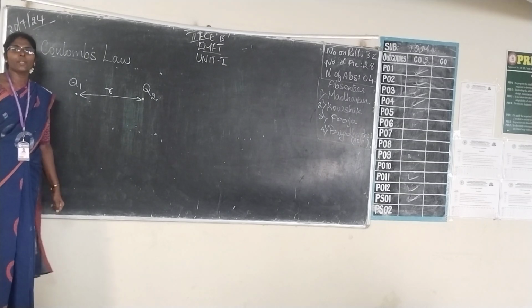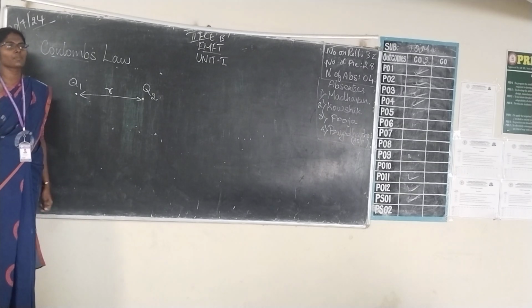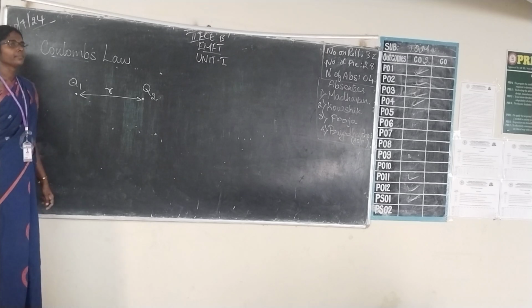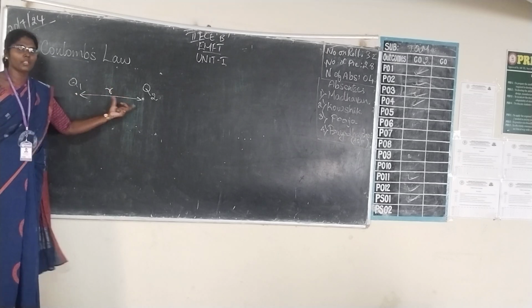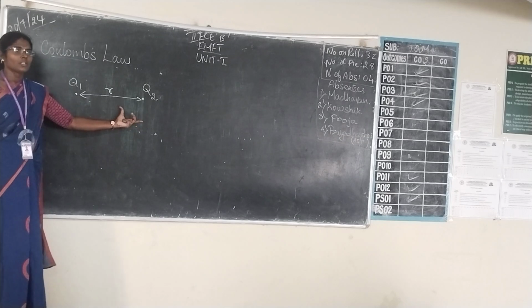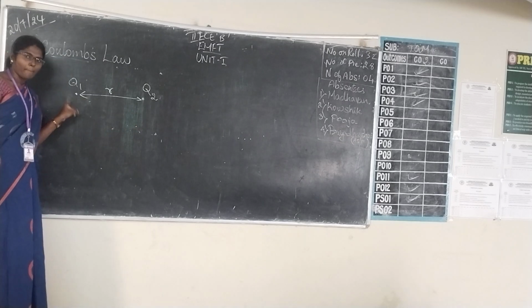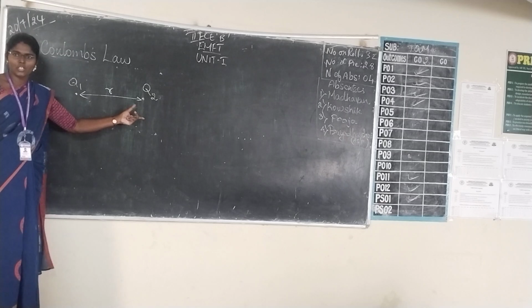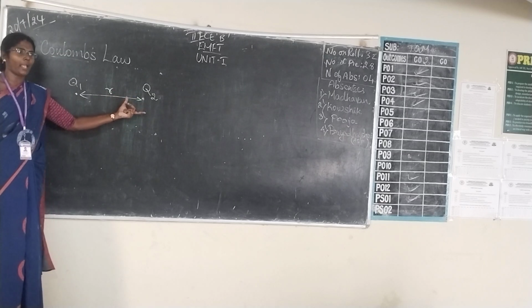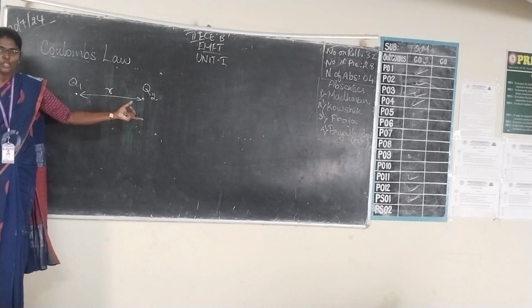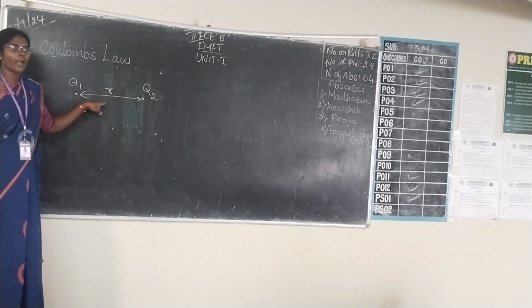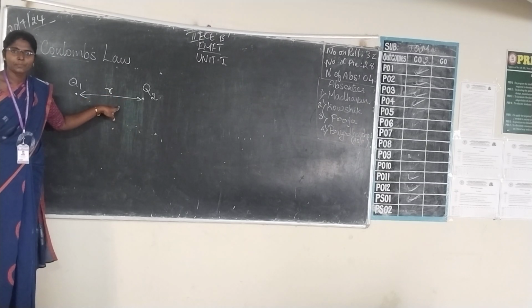Are you able to get my point? I am saying that the force experienced by two point charges is directly proportional to the product of the two point charges Q1, Q2, which in brackets we can write as Q1 Q2, and inversely proportional to the square of the distance between them. Okay.